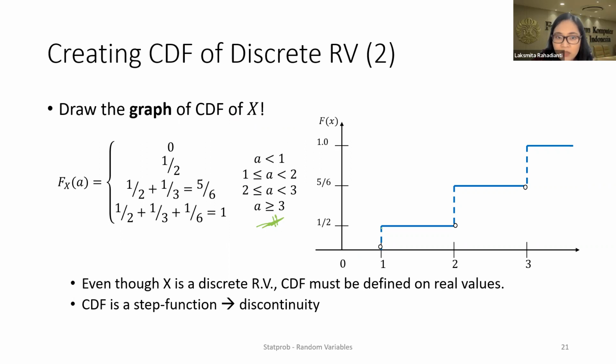Starting from 1, it is half until 2, and then it jumps, and then it jumps again. Once again, why? Because although it is defined for a discrete random variable, a CDF must be defined on real values.